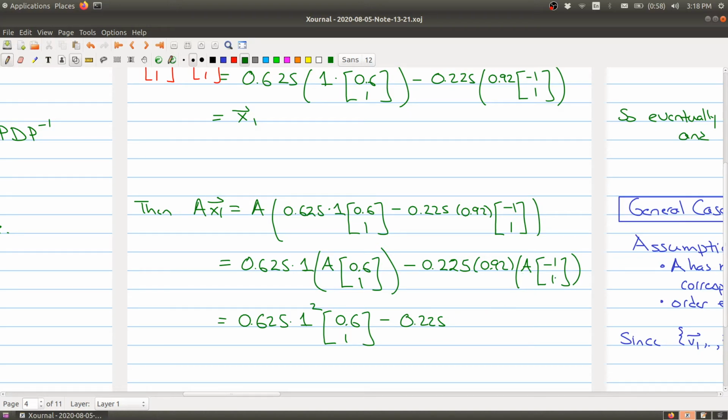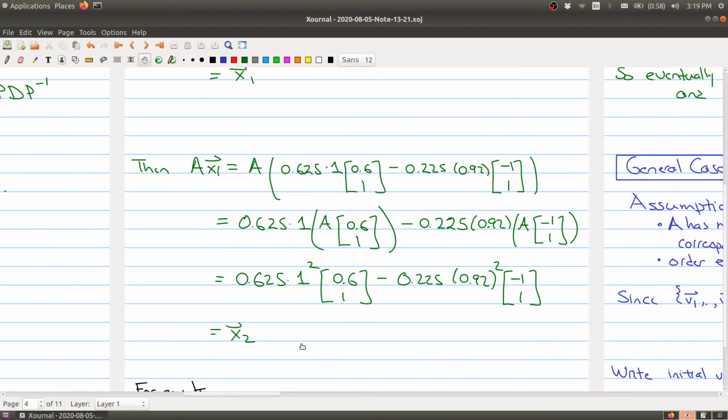When I multiply the second vector by A, it is the eigenvector for 0.92, so I again get a scalar multiple: 0.92 squared times (-1, 1). And this is my vector x2.